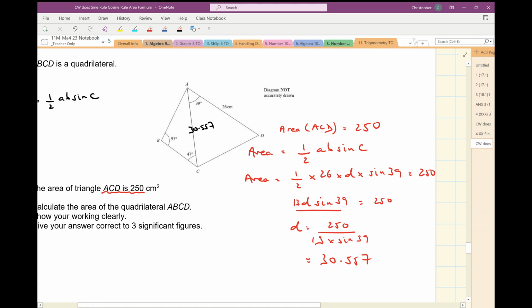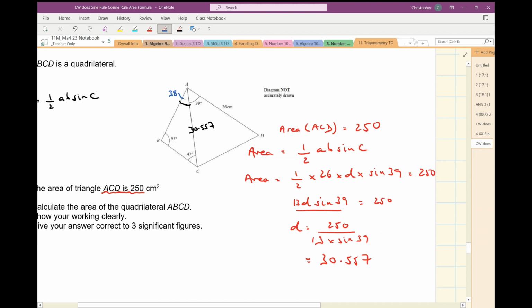I really want to have 2 sides and an enclosed angle so that I can use the formula. Well, I can work out this angle, of course. That's just 180 minus 95 minus 47. So that angle at the top there is 38.